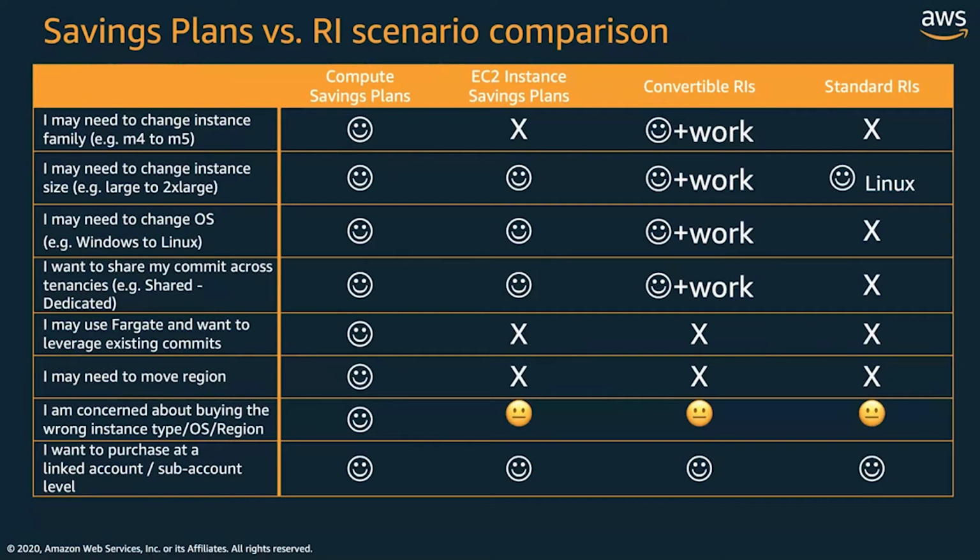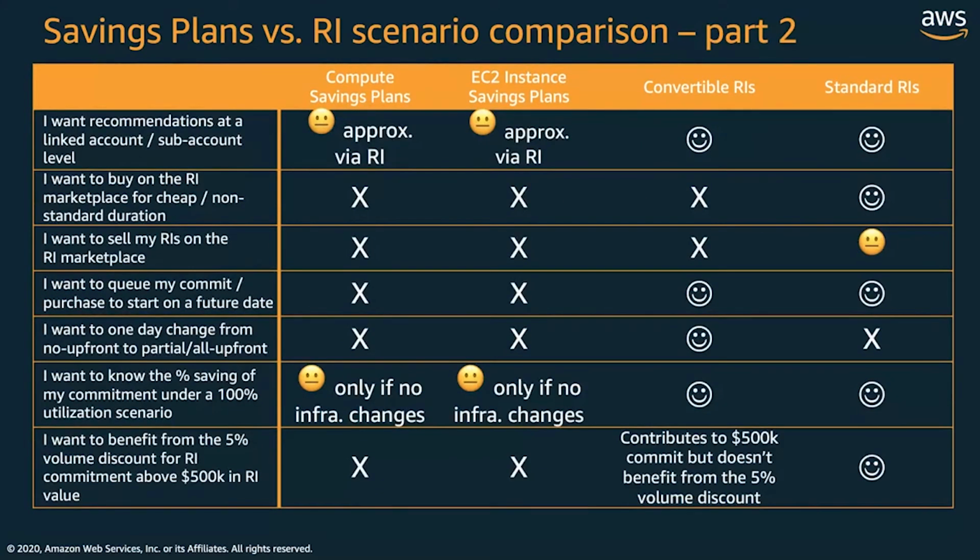This is almost a decision matrix that will allow you to ask yourself those questions, and it will probably answer which of these mechanisms you should be using to save costs. There's a second part of this table as well. When we send you the slides, look at this, and if you've got any follow-on questions, please get back in touch with us. We can talk you through the decisions and what will be more appropriate for a particular use case or your individual organization.